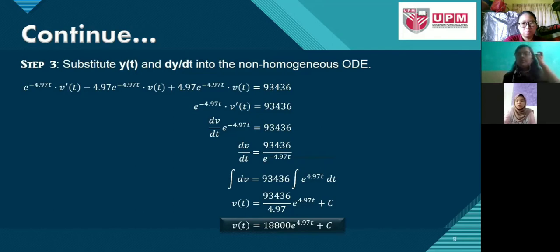So when we substitute, we make dv dt the subject, and then rearrange so that dv is on the left side and dt is on the right side. Next, we integrate both sides so that we get vt. We will get the answer in terms of vt plus t.